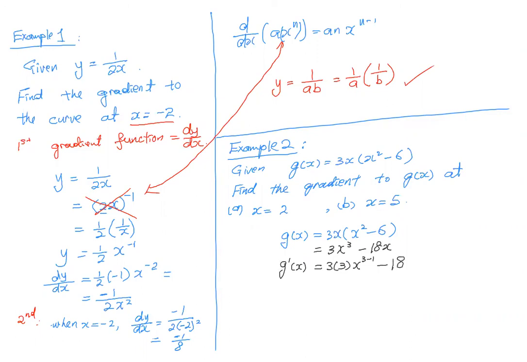That's it. So you have to remember, the derivative of y equals 18x, which is linear, is 18 itself. So this will be 9x squared minus 18. Now, after this, you are going to get the specific gradient, correct? So part A.